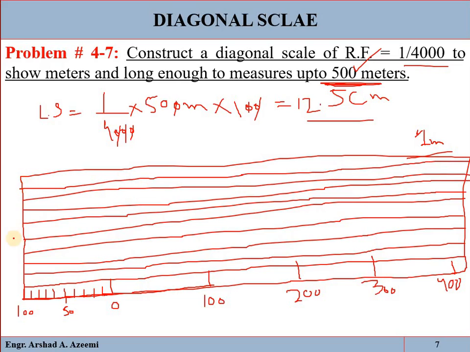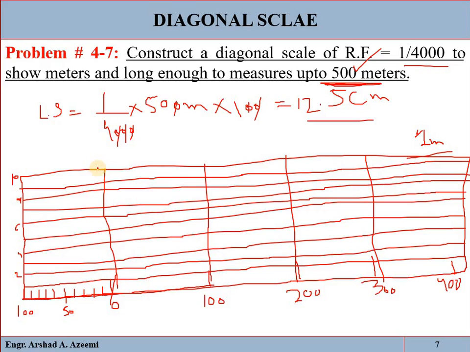Okay, it means that it is divided into 10 parts. So this will represent 1, 2, 3, 4, 5, 6, 7, 8, 9 and 10. It means we have to divide this 10-meter distance into 10 parts. So then we can measure up to 500 meter from this scale.